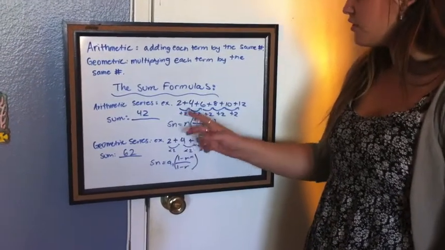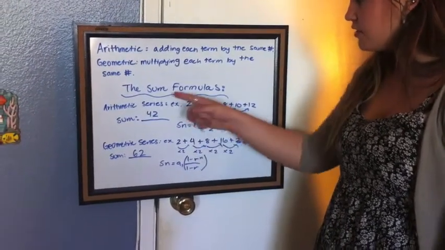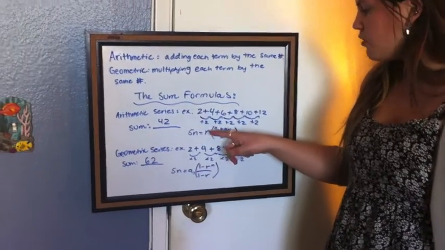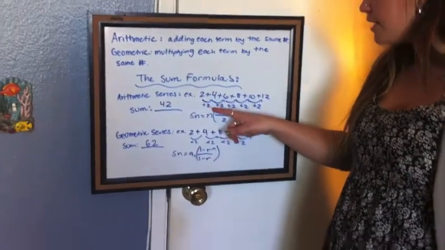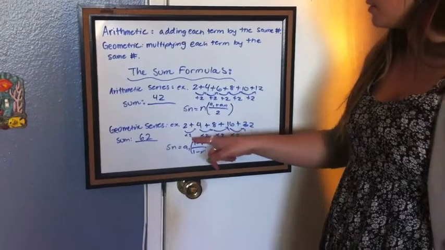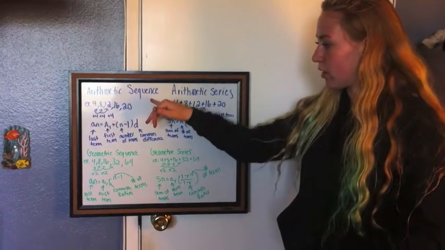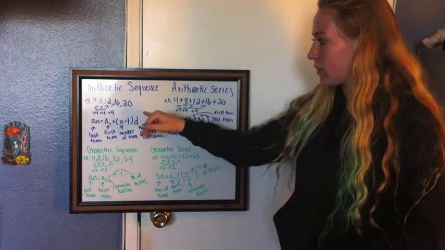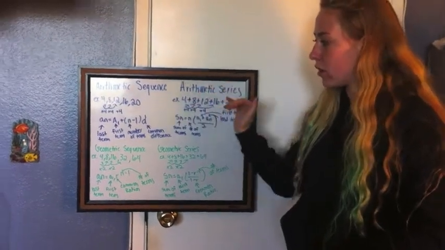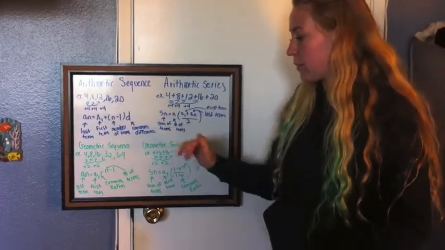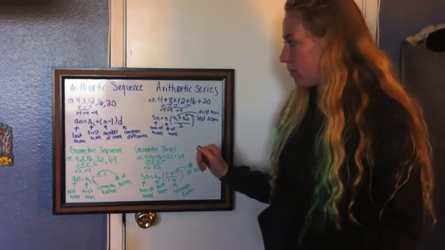So the difference for these series, trying to find the sum formulas, would be you're adding by a certain number to each one, and then you're multiplying by a certain number to each one. Okay, so the difference between arithmetic and geometric: arithmetic, you're adding a certain number each time, and geometric, you're multiplying by a certain number each time.